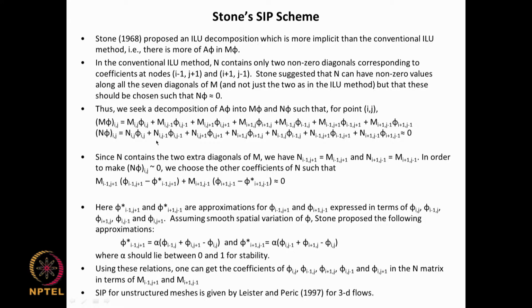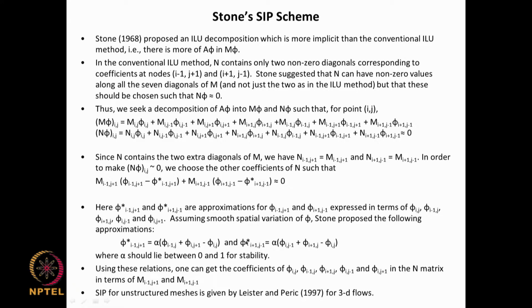So you have i minus 1 j here, and i j plus 1 must also be here, i j plus 1 and obviously i j, and i plus 1 j minus 1 is expressed in terms of i j minus 1, that is this one, and i plus 1 j. i plus 1 j is also somewhere here, yes.